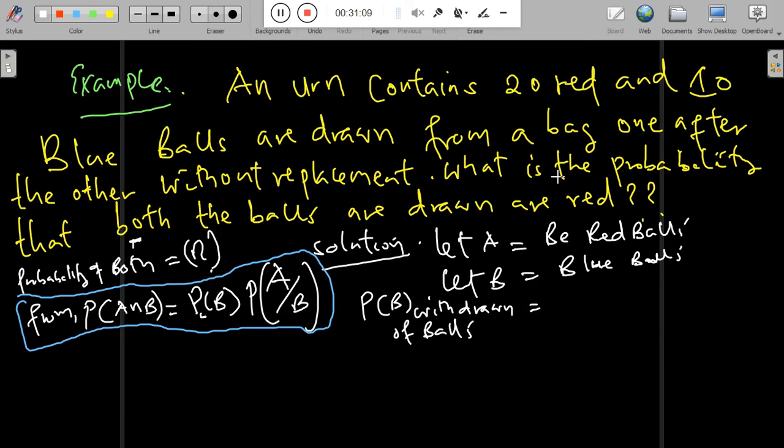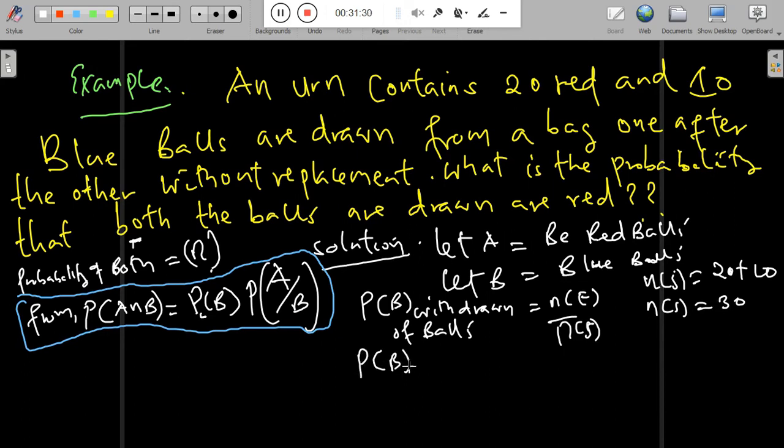The probability of B is given by the number of events over the number of sample space. Remember, the total sample space is 20 plus 10, which is equal to 30.